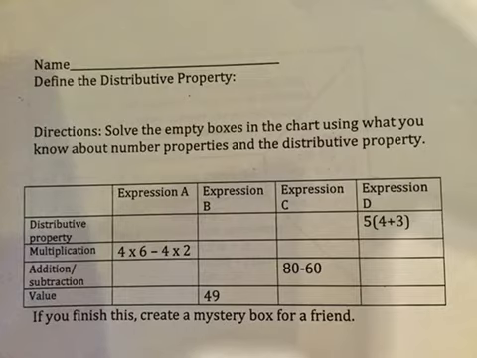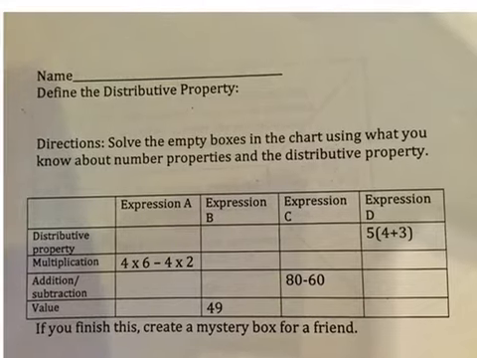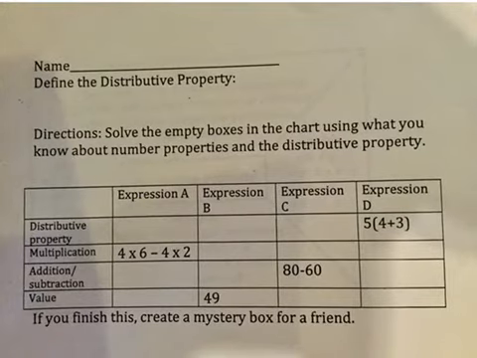So basically what you're going to do, given each expression, you've got expression A, B, C, and D. They're all going to be different equations and different values. And I want you to go through, given the one that was given, and find the other 4. So I'll do this first expression A with you. It gave it to you in the multiplication form.